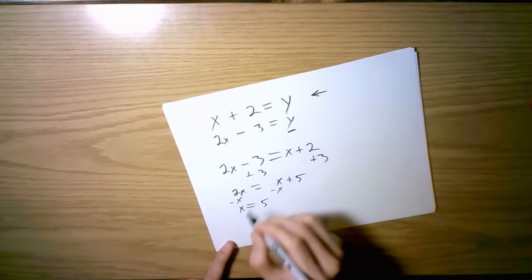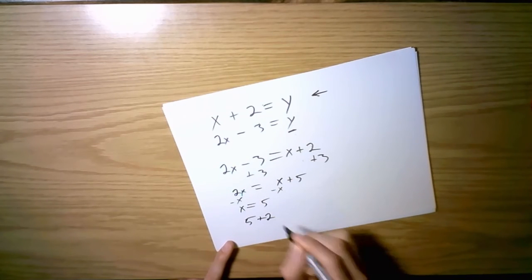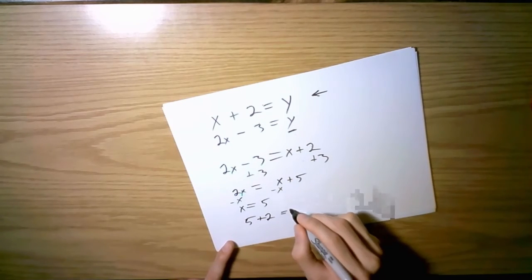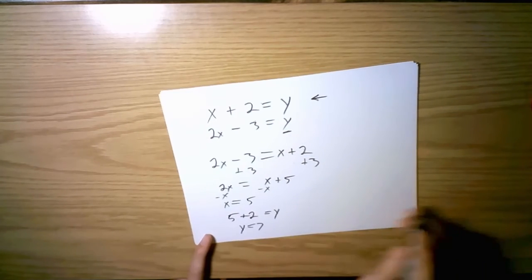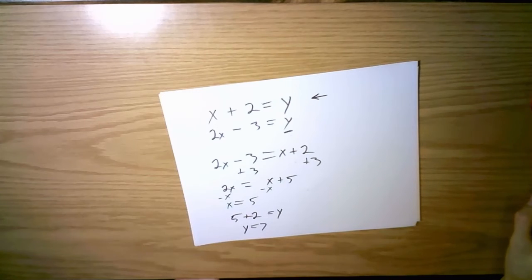So instead of x plus 2, we can write 5 plus 2 equals y. So y equals 7. So that's how you can solve systems of equations and linear equations, and you can apply that to a bunch of different stuff like inequalities and stuff like that.